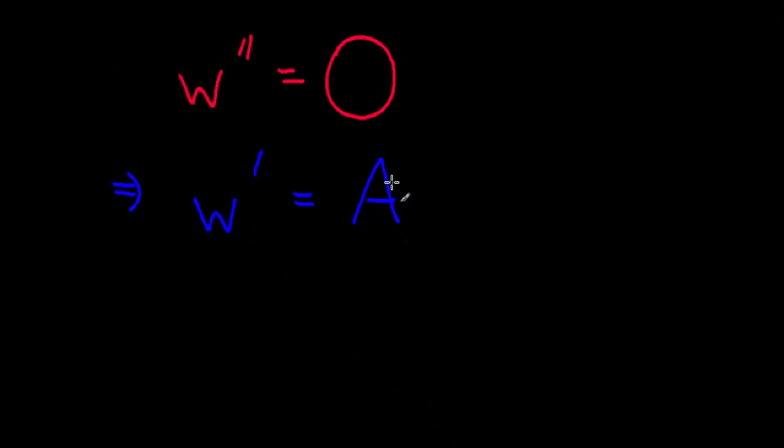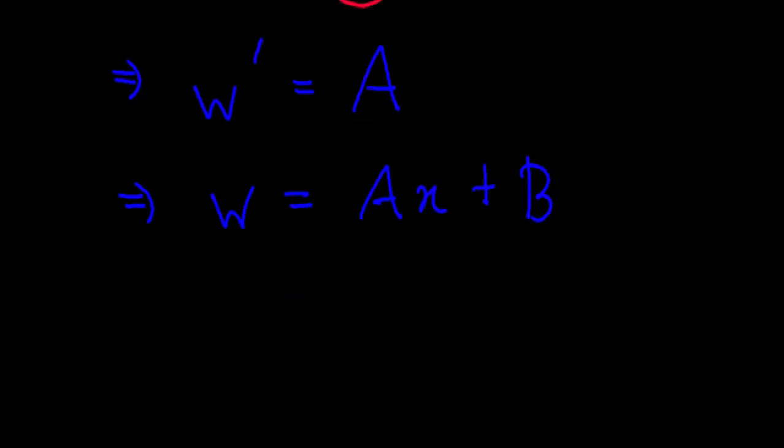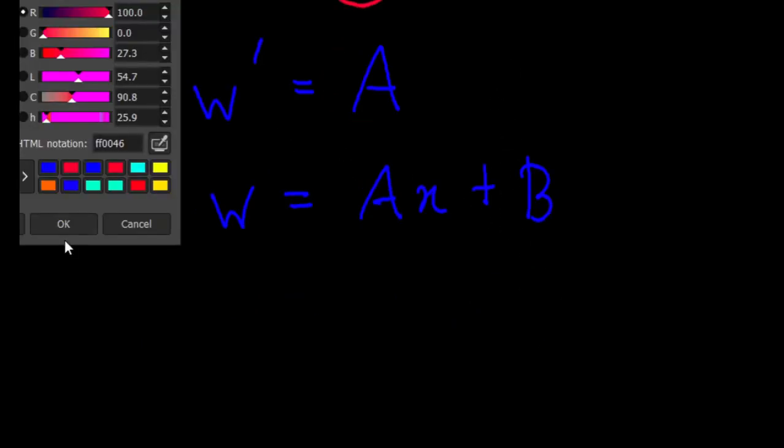If we then again take the antiderivative, on the left I'm going to have w. On the right, what I'm going to have is this constant multiplied by x. Obviously integration of a constant is that constant multiplied by x. Then again we need to add another arbitrary constant. Let's call that b.